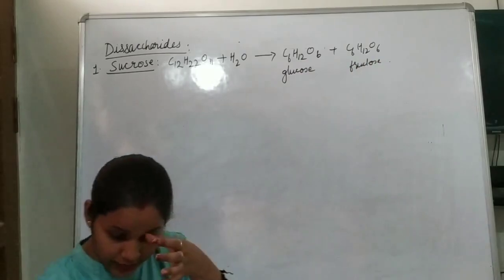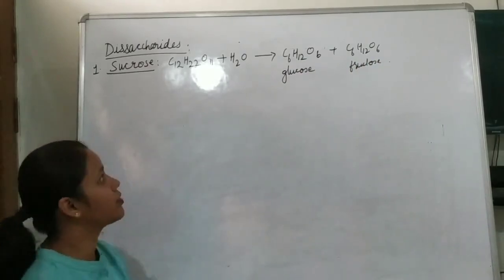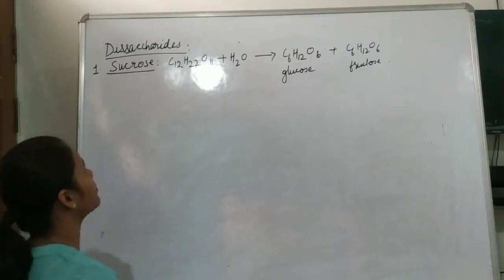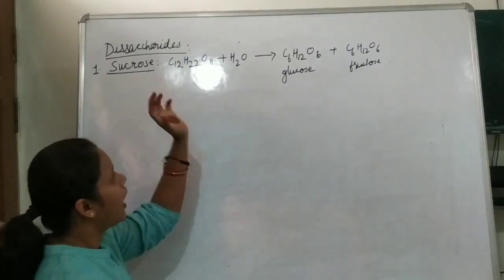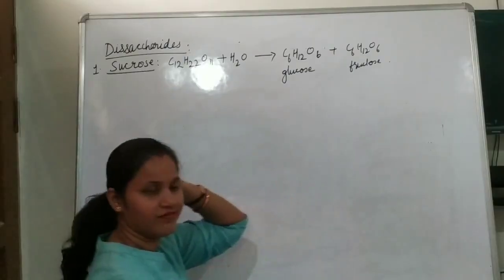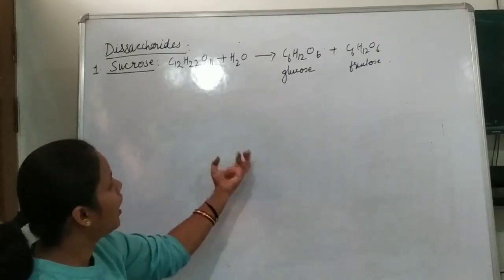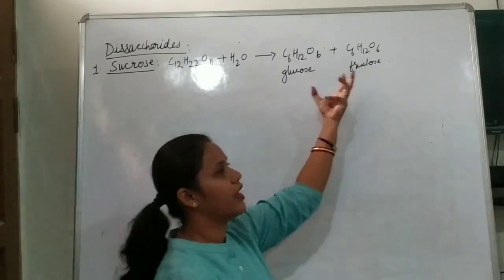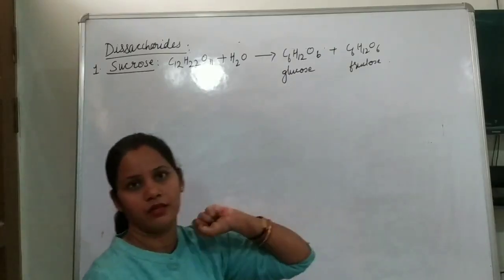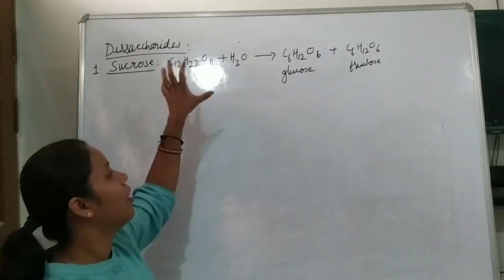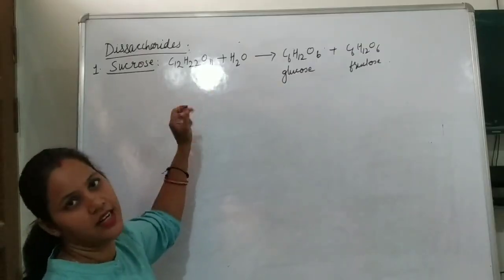It gives C6H12O6, glucose and fructose. How do this glucose and fructose combine together to give me a disaccharide, that is sucrose?